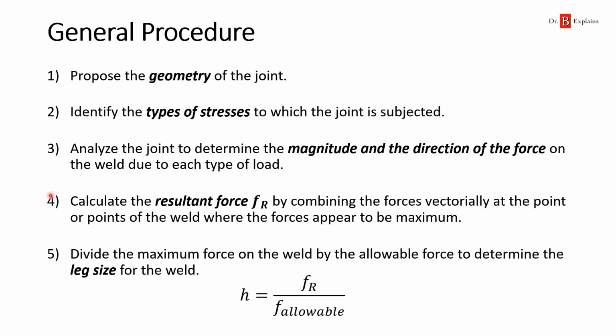Next, we're going to calculate the resultant force. This is done by combining the forces vectorially at the point where we believe the forces to be maximum. And number 5, we're going to divide the force on the weld by the allowable force. This number is provided by the electrode material to determine the leg size, or h, over here.